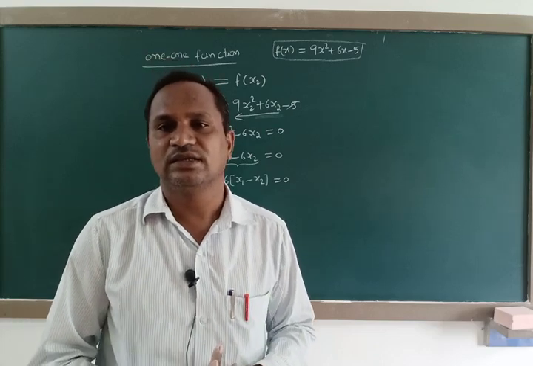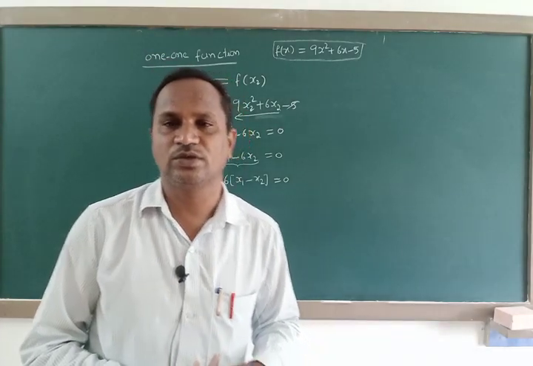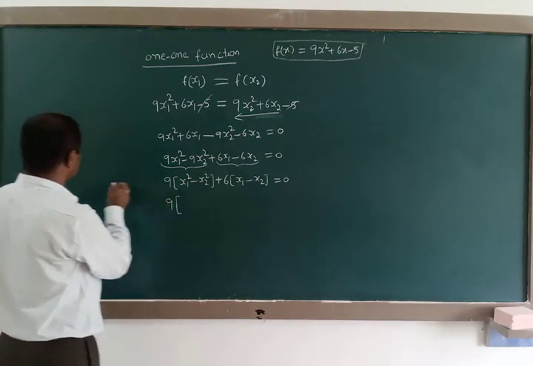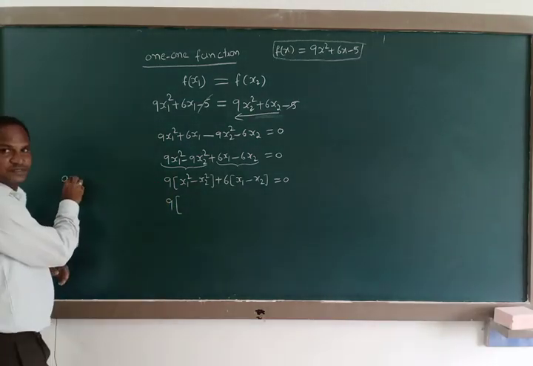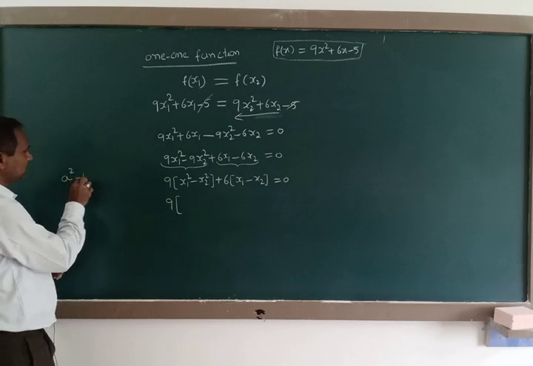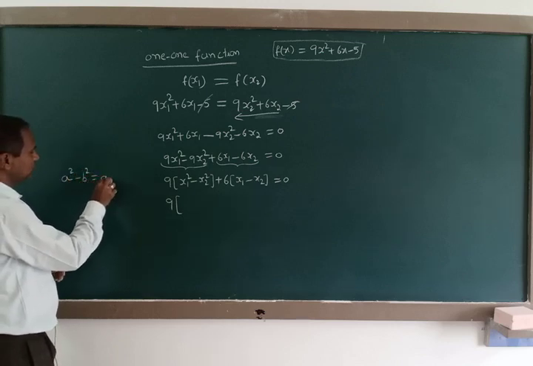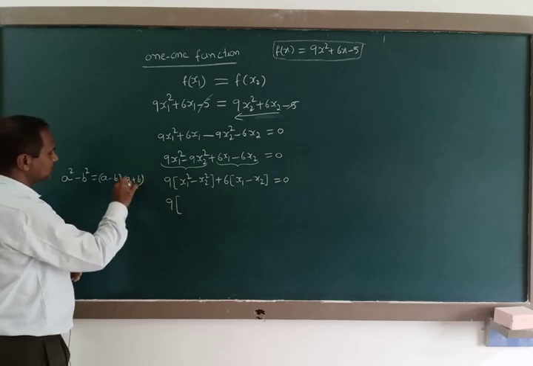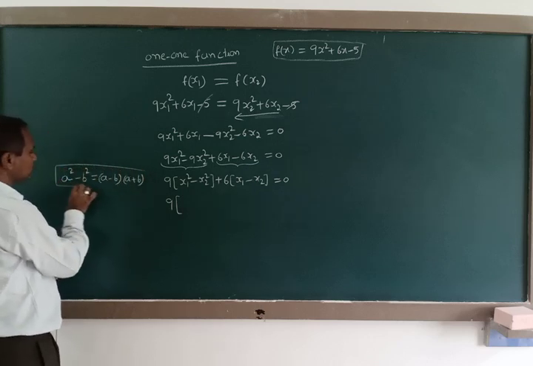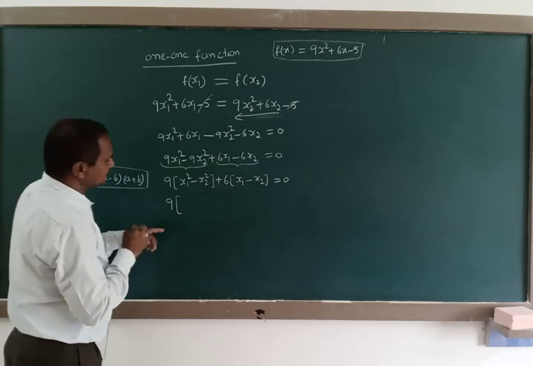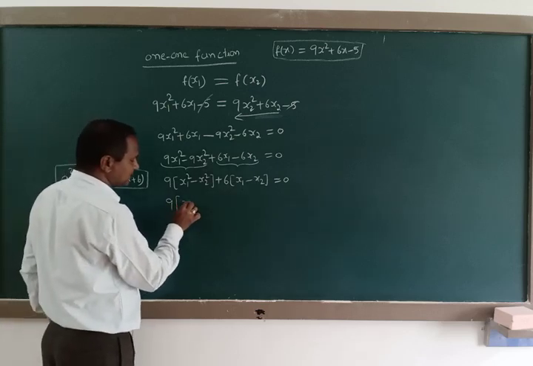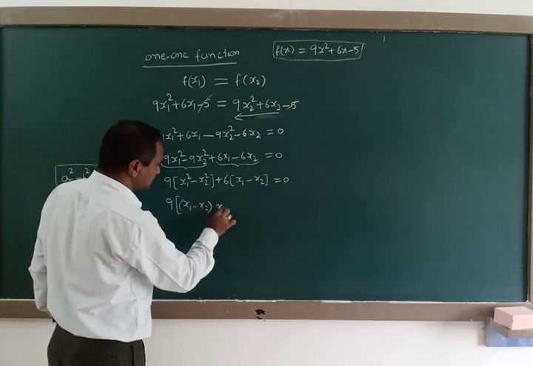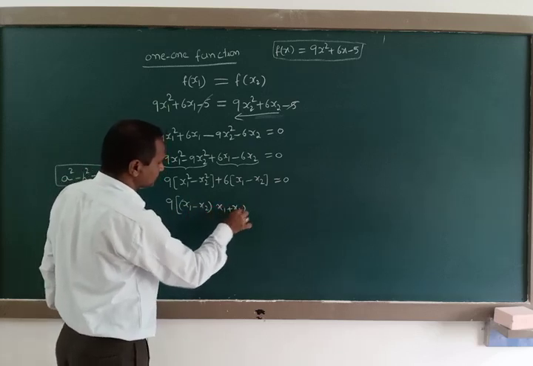We have to apply the formula a square minus b square is equal to a minus b into a plus b here. So x1 square minus x2 square can be written as x1 minus x2 into x1 plus x2.